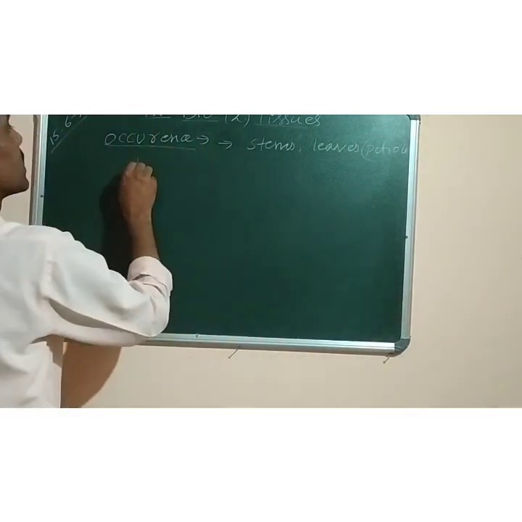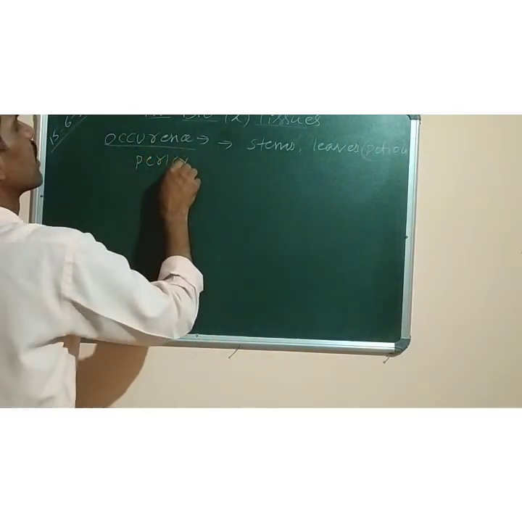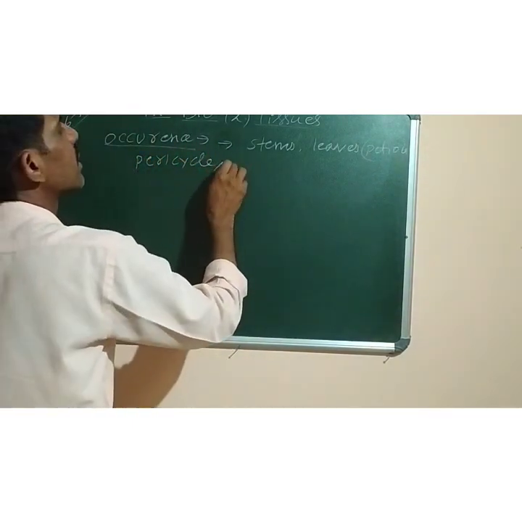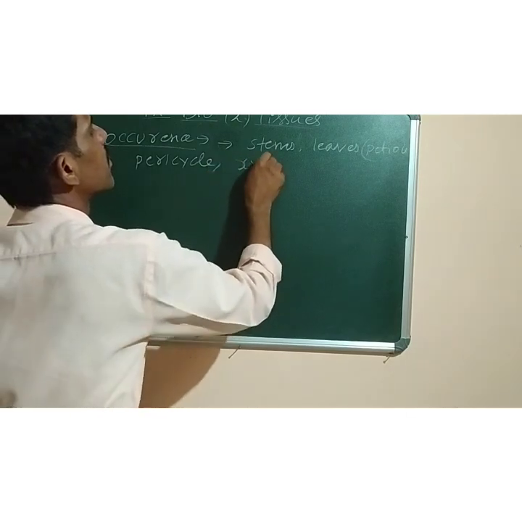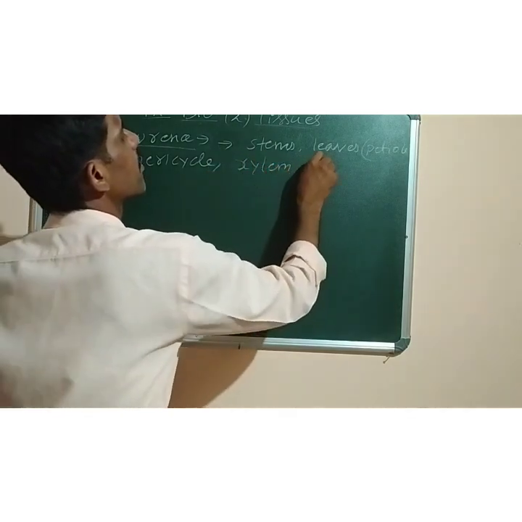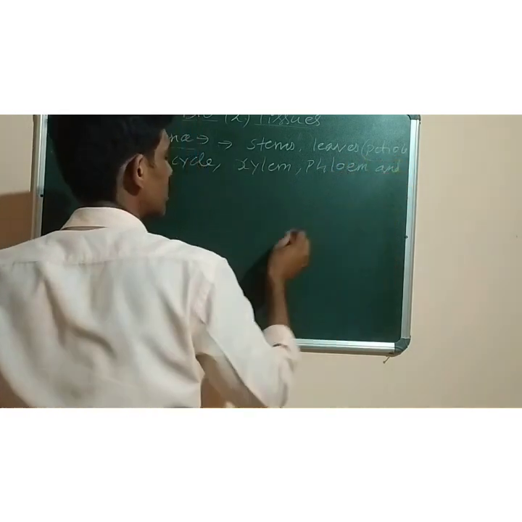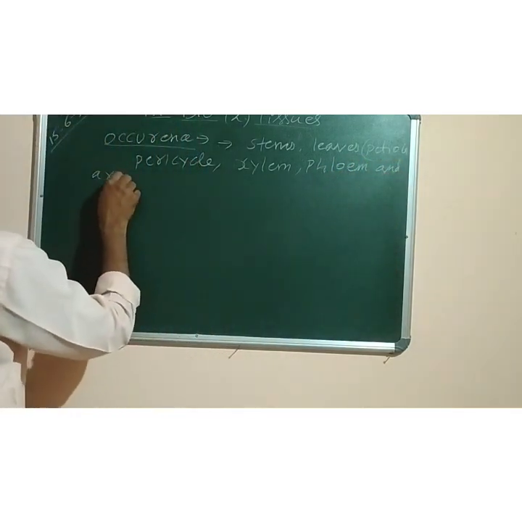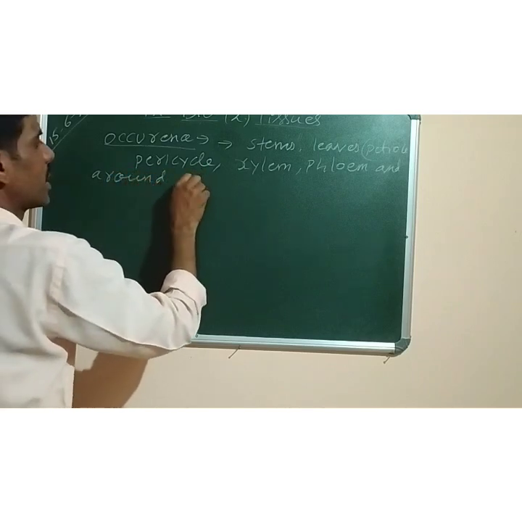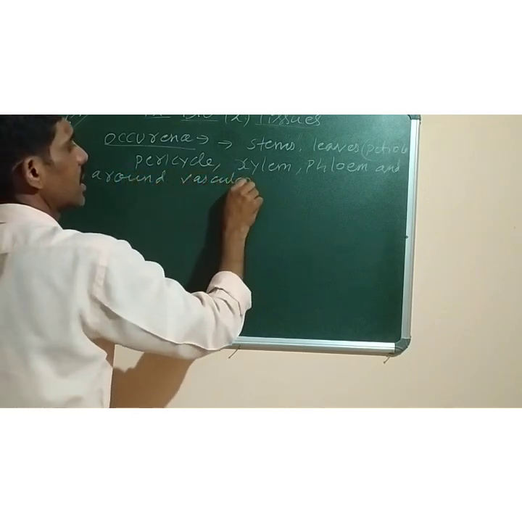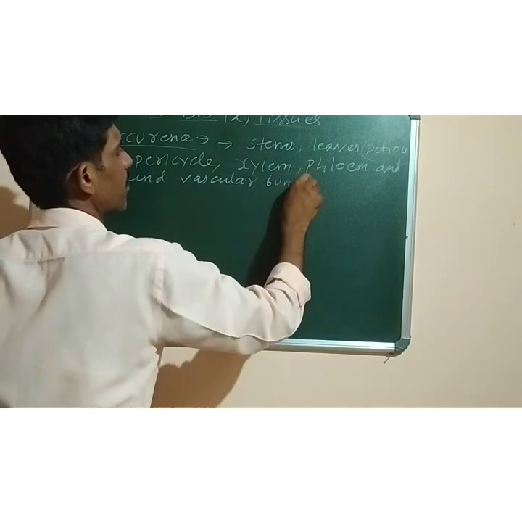It is found in the pericycle. It is found in the xylem, phloem. Both of them are conducting tissue, and around the vascular bundles. Vascular bundles consist of xylem and phloem.